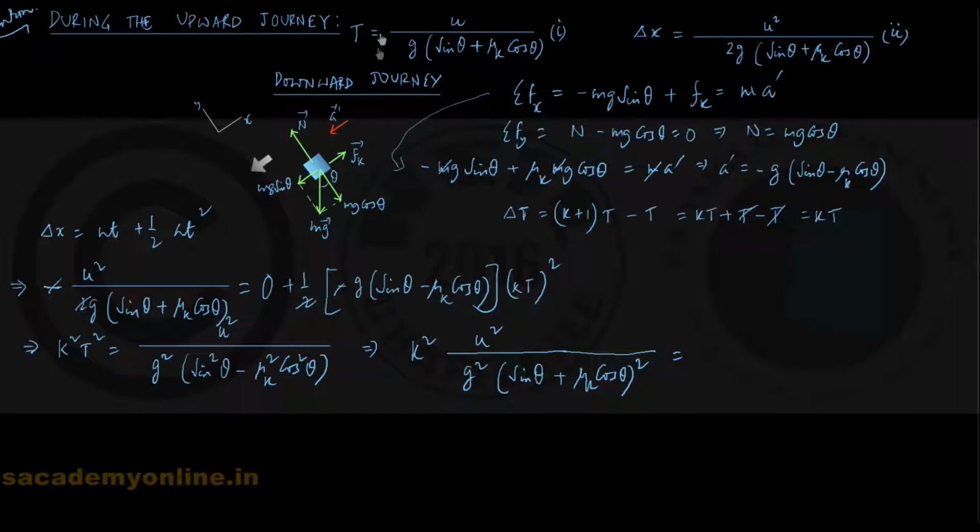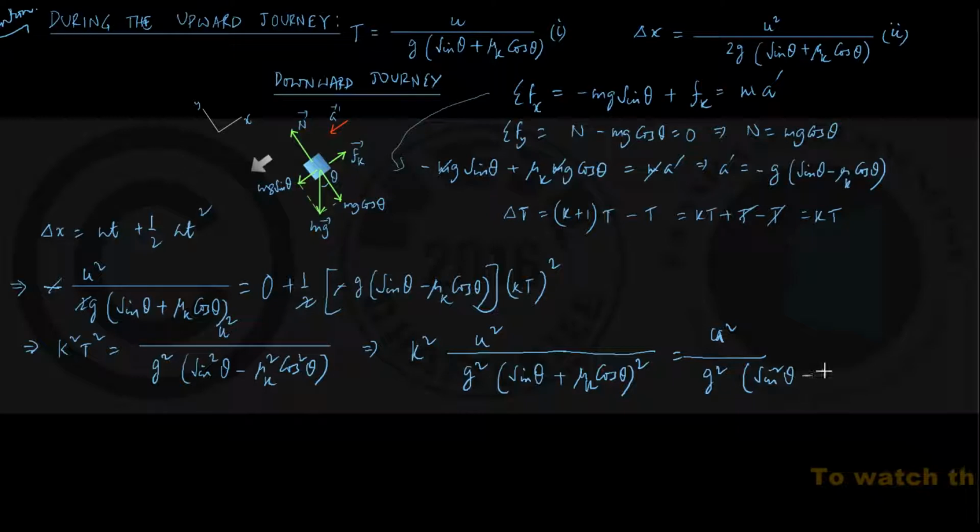That is putting the value of T from here into this. Right hand side remains the same, which is u square divided by g square into sine square theta minus mu k square into cos square theta.